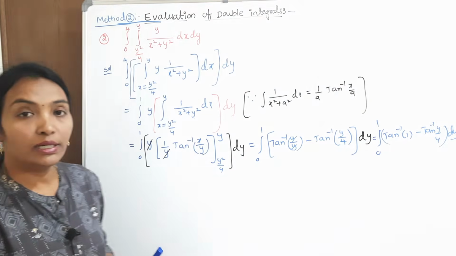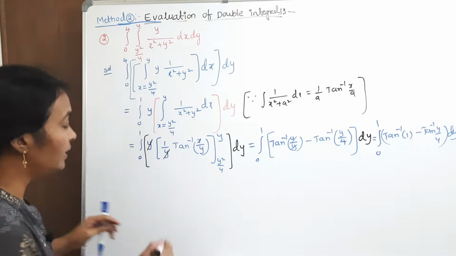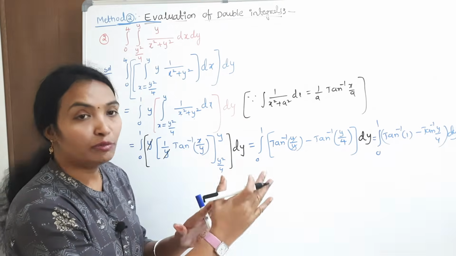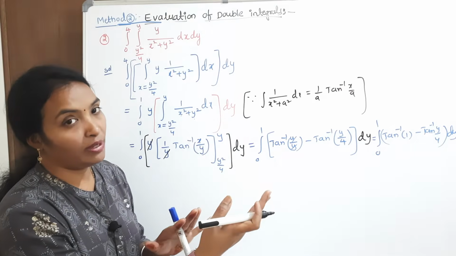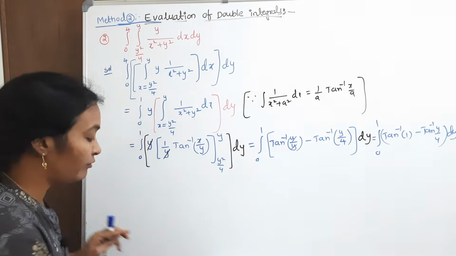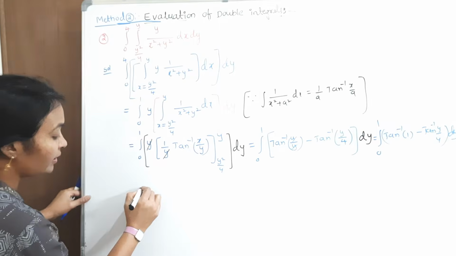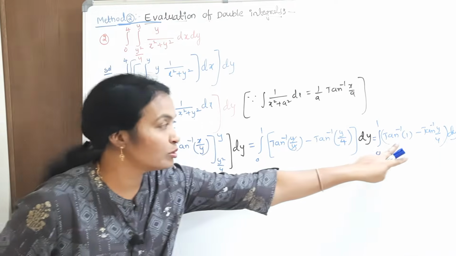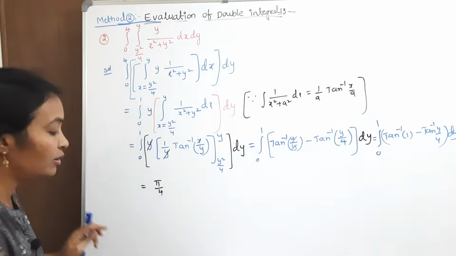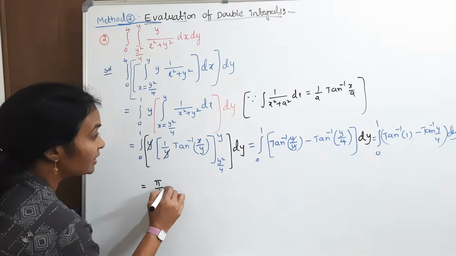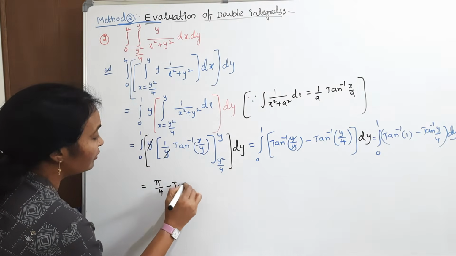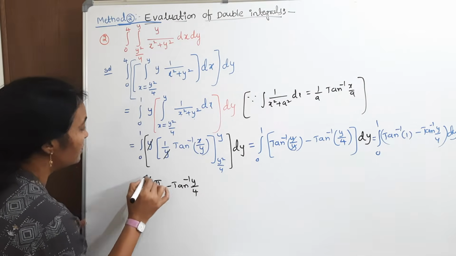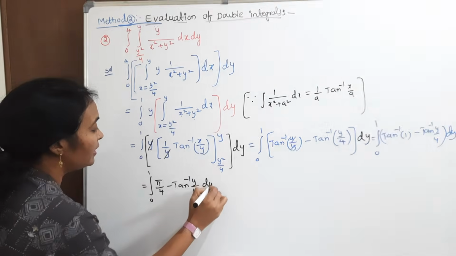When does it become 1? Tan pi by 4 is 1. So tan inverse of tan 1 means tan inverse of tan pi by 4, which is nothing but pi by 4. So I get pi by 4 in that place. Then the next term is as it is: tan inverse y by 4, integral 0 to 1 dy.